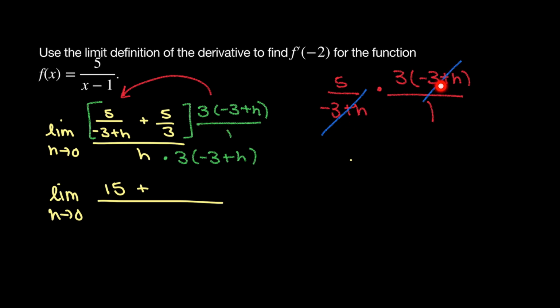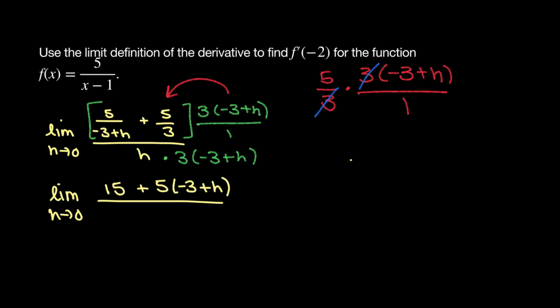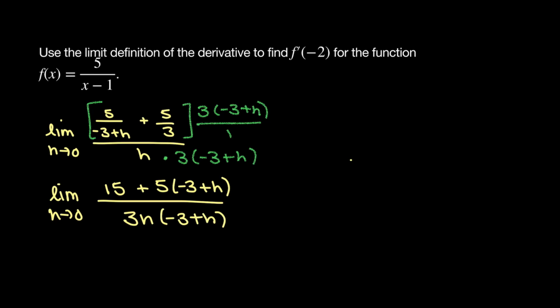The negative 3 plus h's are going to cancel out, and I'm just left with 5 times 3, or 15. Next term, now we're going to do 5/3 times that LCD, 3 times negative 3 plus h. This time the 3's cancel out, and I'm left with 5 times negative 3 plus h. I'm just going to copy down the denominator. H times 3, I wrote that as 3h, and then times negative 3 plus h.